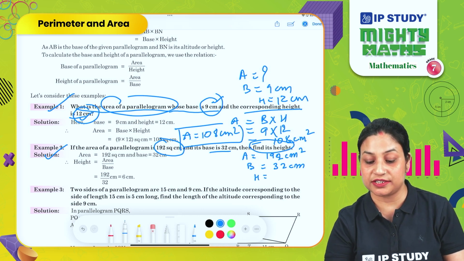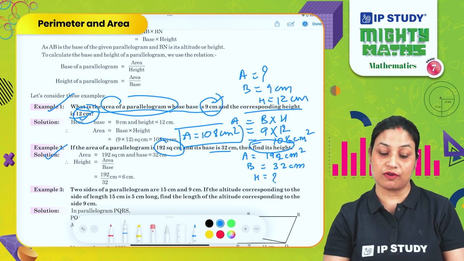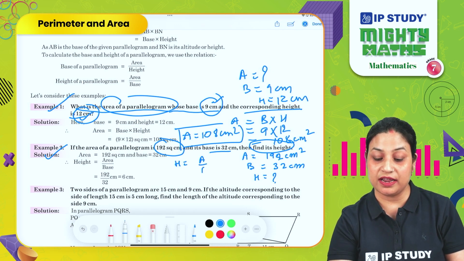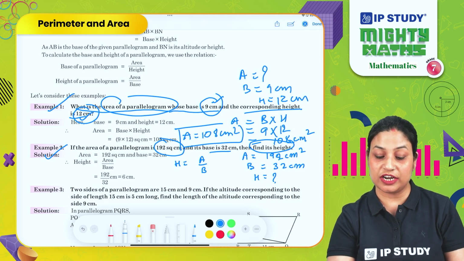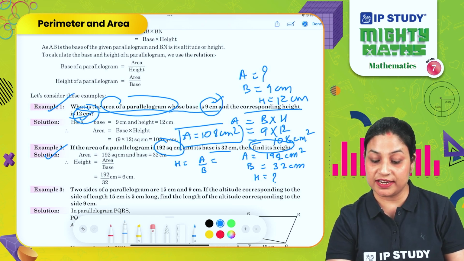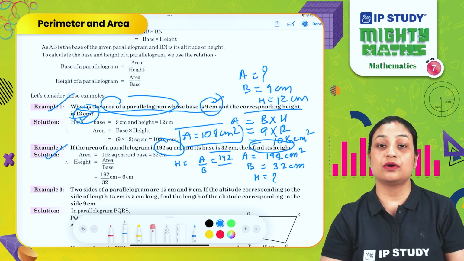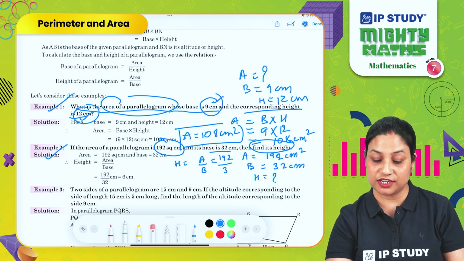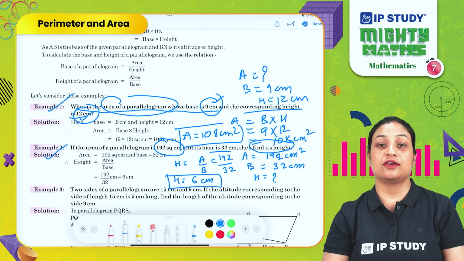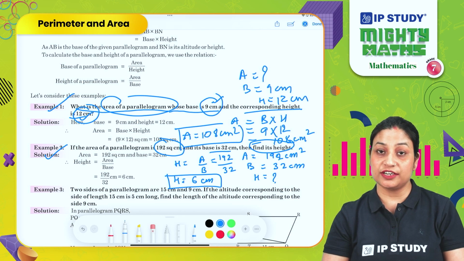I have to calculate height. So we will use the formula: height is equal to area divided by base, right? So let me put the values over here and find out the height. What is my area? 192. What is the base? Base is 32. When you solve it, you will get height 6 centimeter, right?